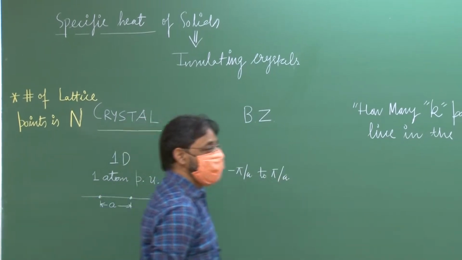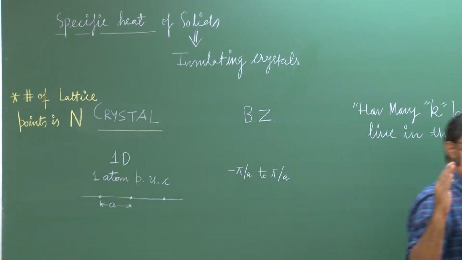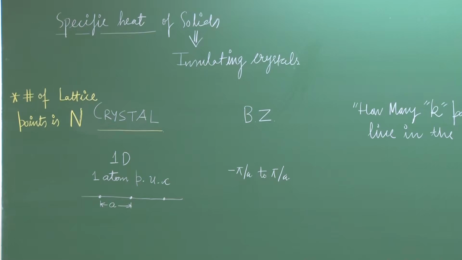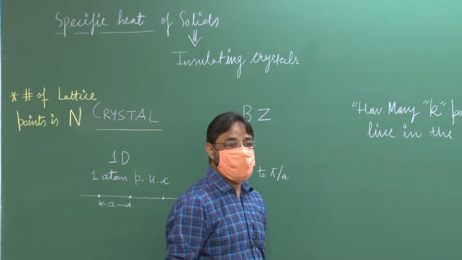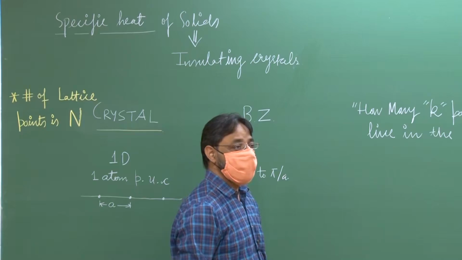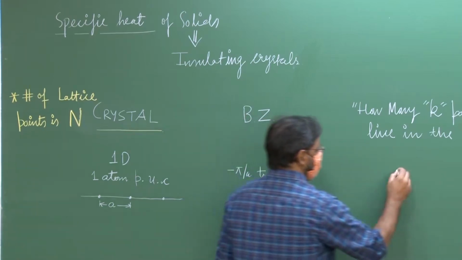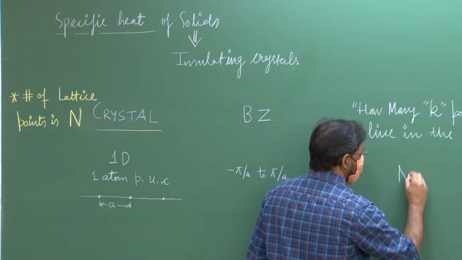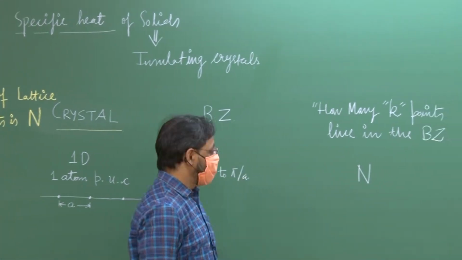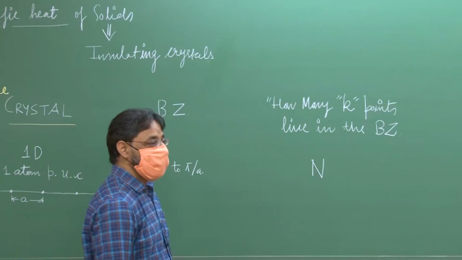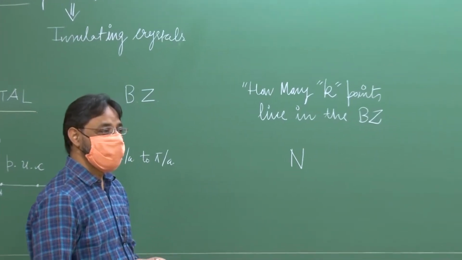How many k points are there in this range from minus pi by A to plus pi by A? Today you should be able to answer this question. Number of k points is N. Number of normal modes is N. How closely spaced are they?